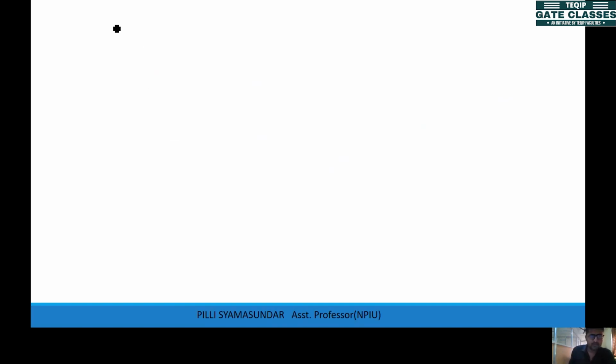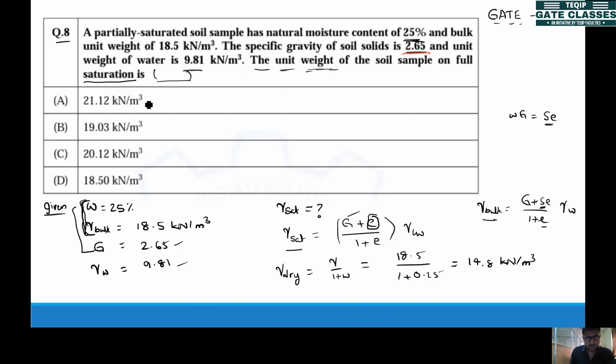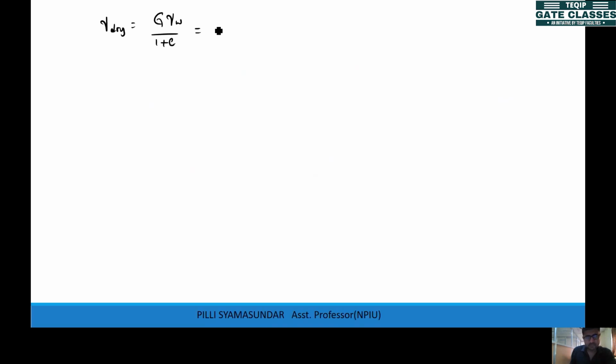Now I have my dry unit weight. So gamma dry is what? G gamma W by 1 plus E. So I know the value of G, which is 2.65. 1 plus E I don't have, that is what I need, and gamma W is 9.81. Gamma dry value I've got right now, which is 14.8.